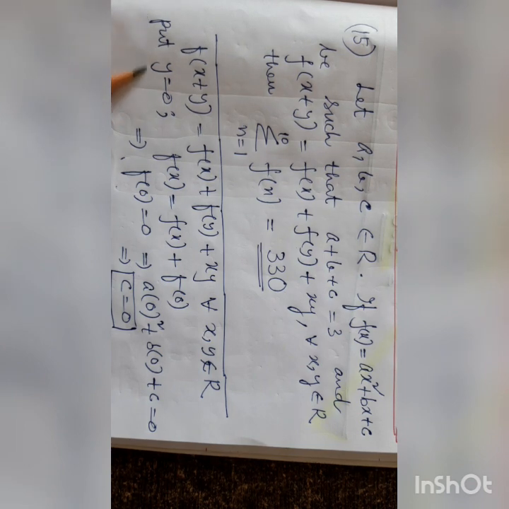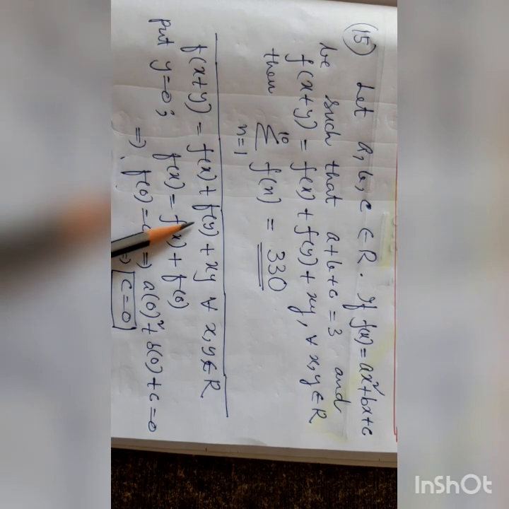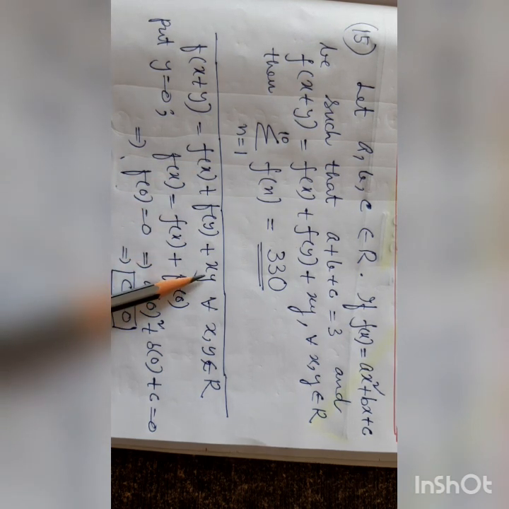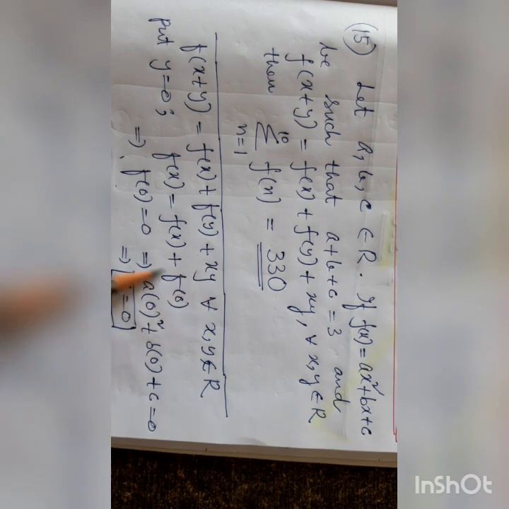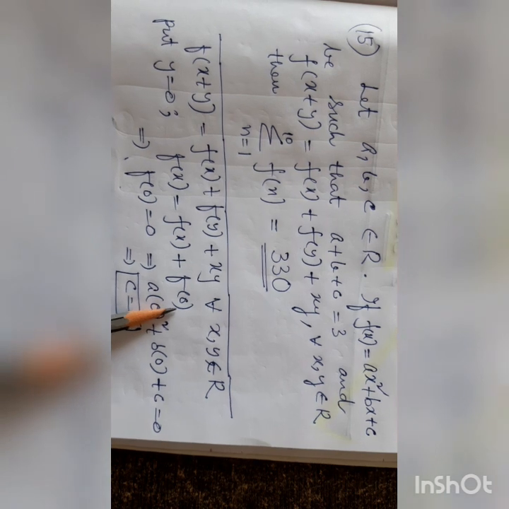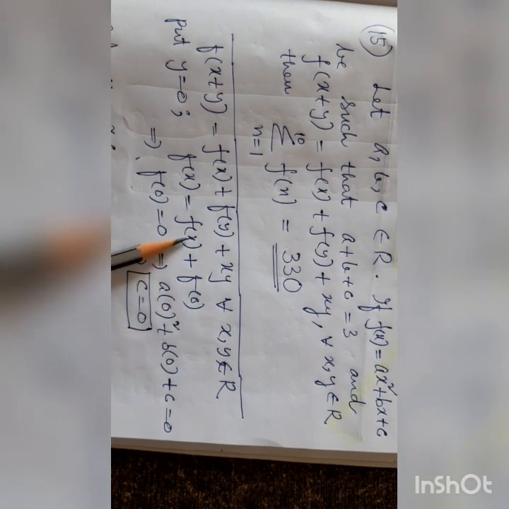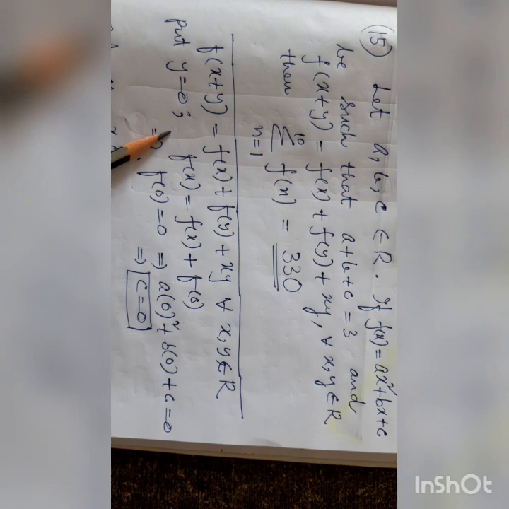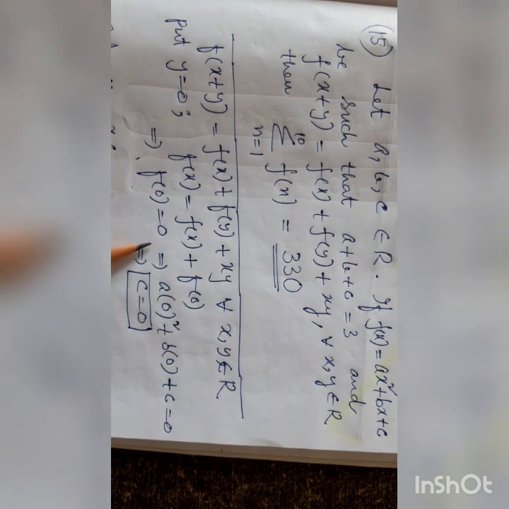So I want to take y equal to 0 because I want to get f of x. We put y as 0, and then f of x equals f of x plus f of 0, and x into 0 is 0. So f of x equals f of x plus f of 0. Then what is f of 0? If you send that side, f of x minus f of x will be 0. F of 0 equals 0.